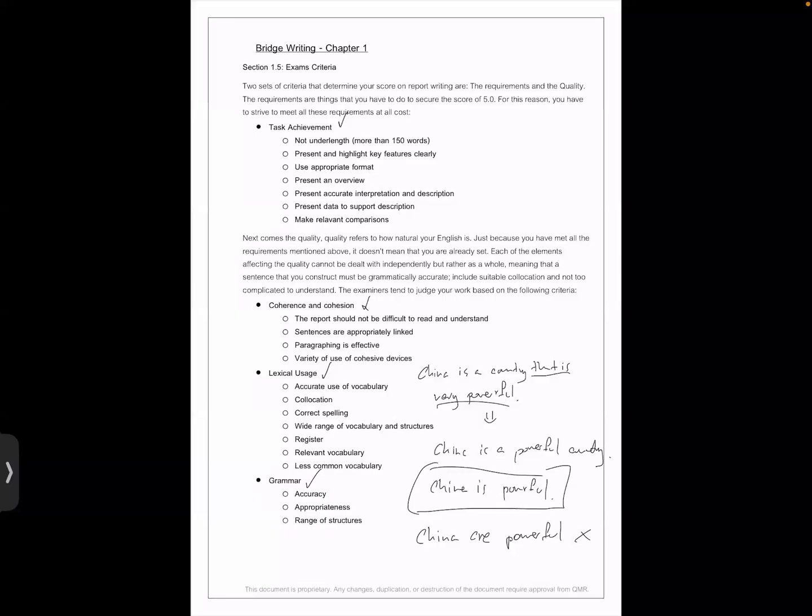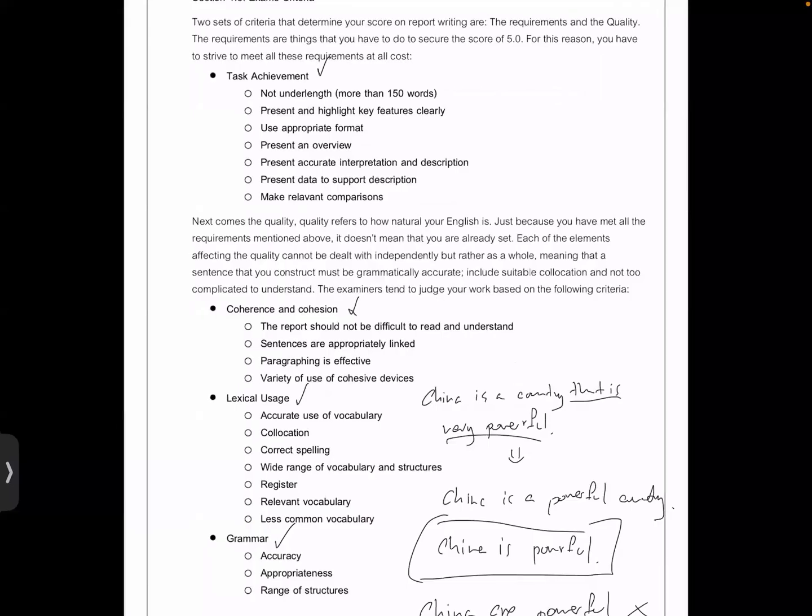If you want to score good marks, you need to pay attention to task achievement. You need to write not less than 150 words. Make sure that you give them a summary of all the key features in the graph, not any random features or your personal opinions. Everything has to come from the plot or the graph.